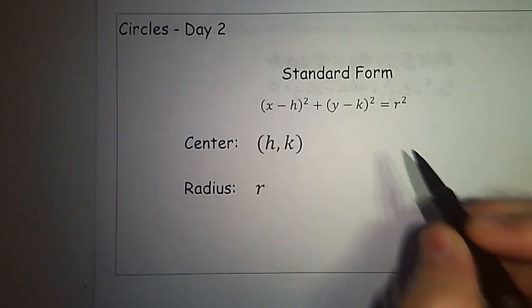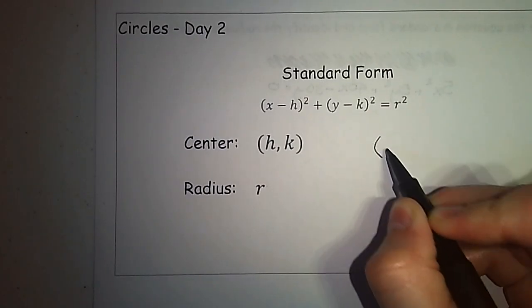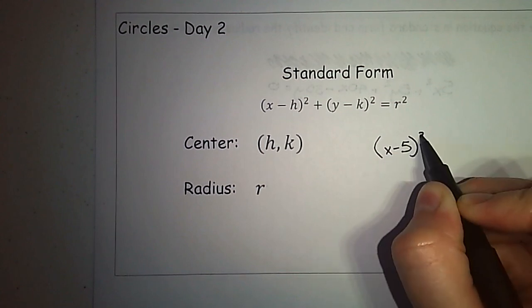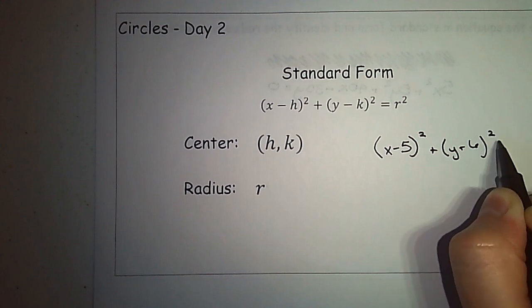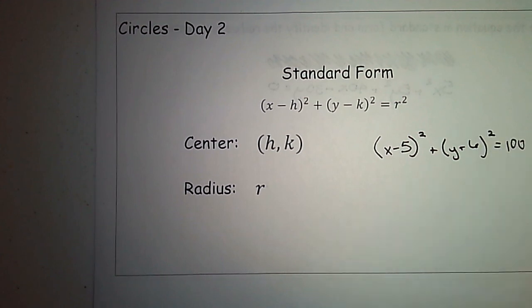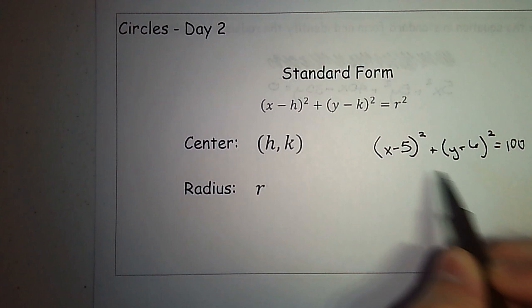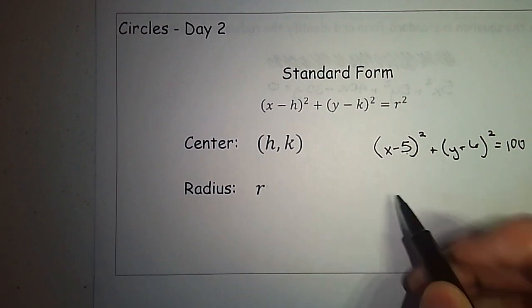So again, quick reminder, let's say I have something like this. My center, that horizontal displacement would be positive 5.